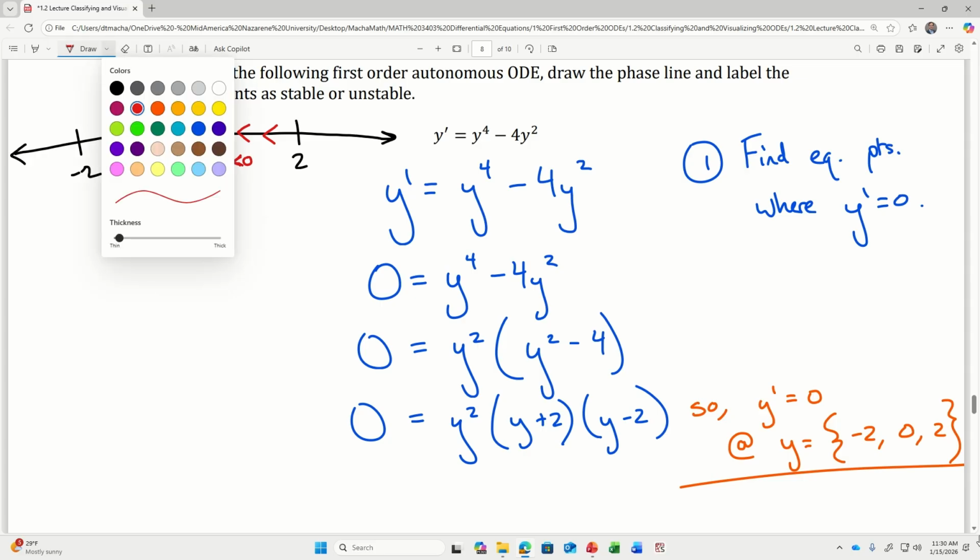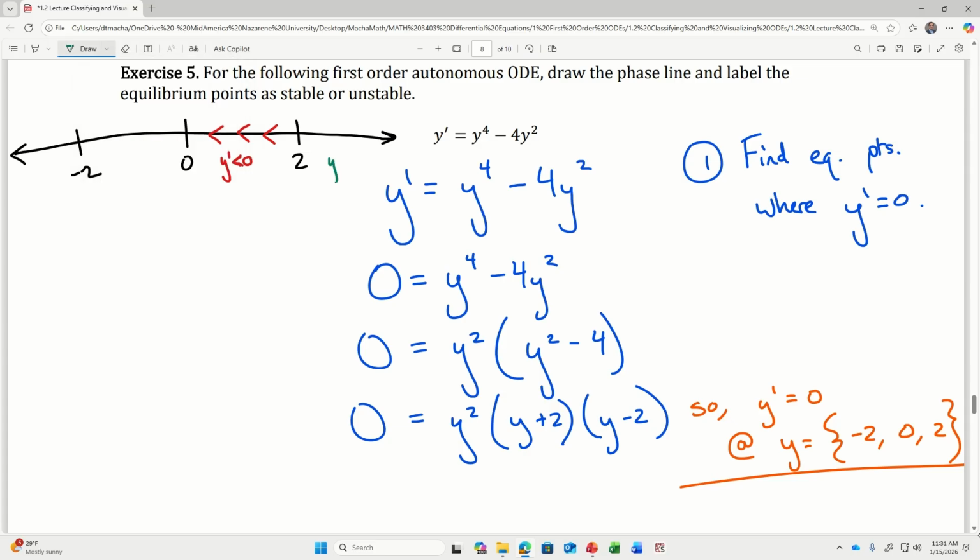That would mean that y prime is positive. And if y prime is positive, my solutions are going to be moving to the right when they exist out here. They're going to be growing if the derivative is positive.